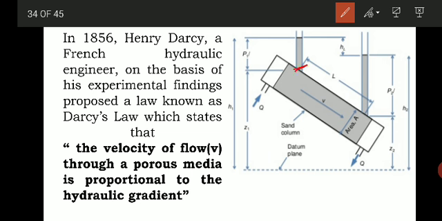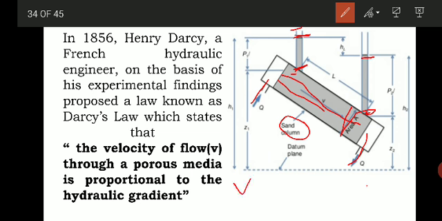Here the hydraulic gradient is the difference in the head. There are two piezometers inserted in a tube, wherein water is sent in and water comes out, and in between there is a sand column with cross-section area taken as A. Darcy's law says the velocity of flow through this porous media, that is sand, is directly proportional to the hydraulic gradient, the difference in the water level head.